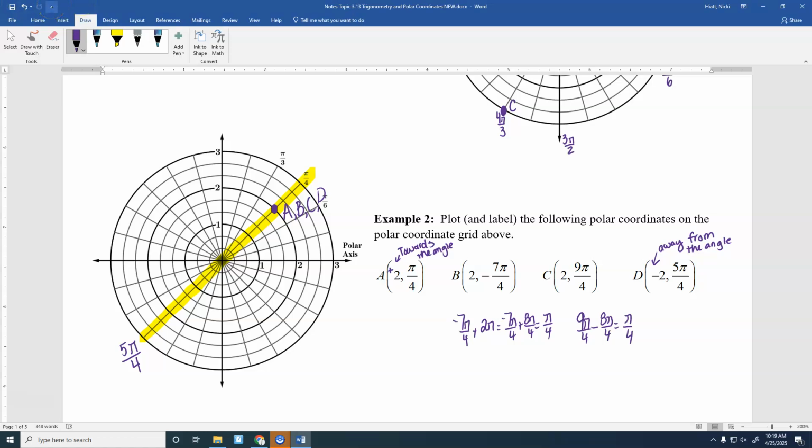So if you have a negative radius right here, then you think about, well, 5 pi over 4 is here. I think about highlighting that whole line right there. And so rather than going towards 5 pi over 4 like this, out this way, if you have a negative radius, you have to go away from 5 pi over 4, which gets you to that same point there.